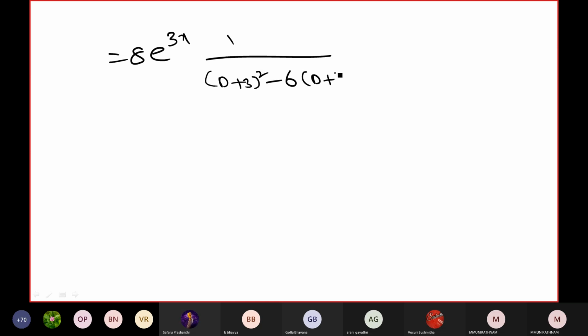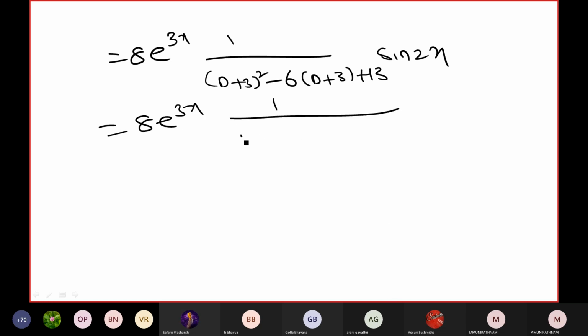So if I replace D by D plus 3, e power 3x goes to the front, D square means D plus 3 whole square minus 6D plus 13 sin 2x. So this is D square plus 9 plus 6D minus 6D minus 18 plus 13 sin 2x.